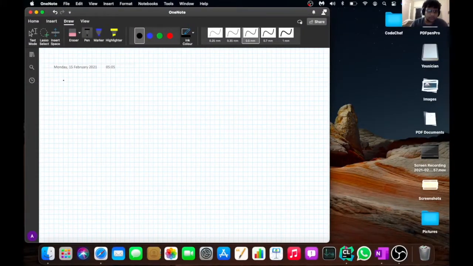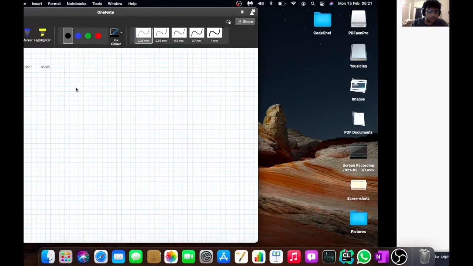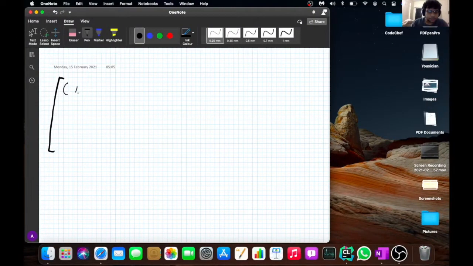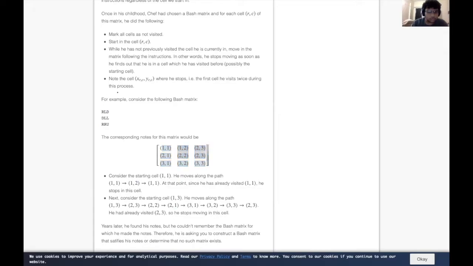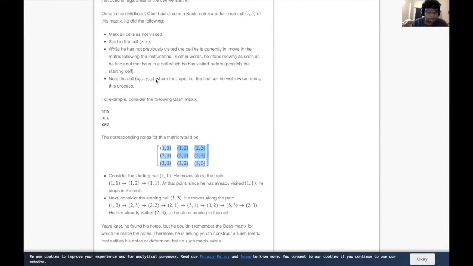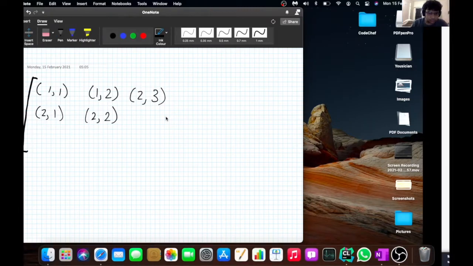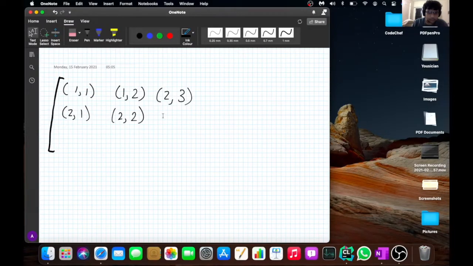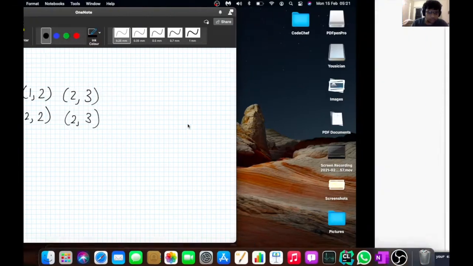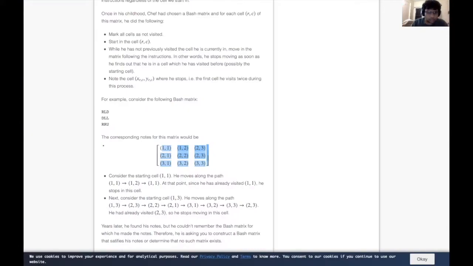We're given a matrix as input, which is 1 1, 1 2, 2 3, 2 1, 2 2, 2 3, 3 1, 3 2, and 3 3.